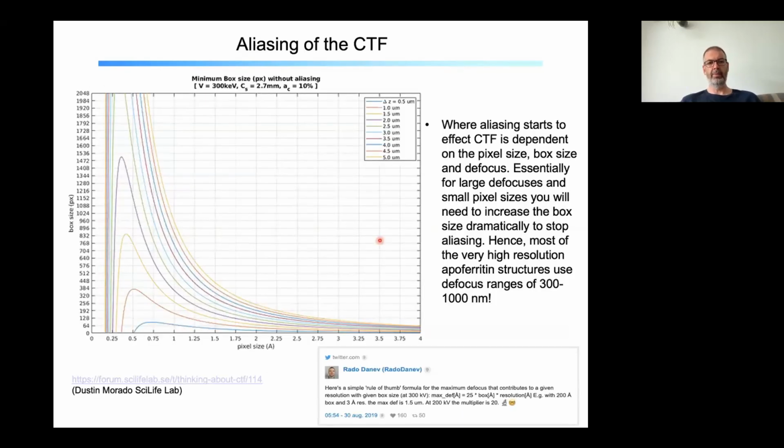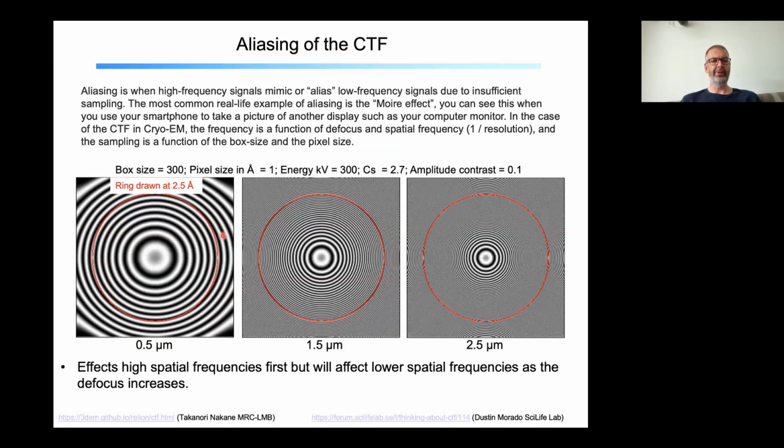And so this is from Dustin. The slide before was from Takanori, who's got a really nice little web page. It's listed there for calculating, based on box size and pixel size, and based on the resolution that you're trying to get to, where aliasing starts to have a major effect.